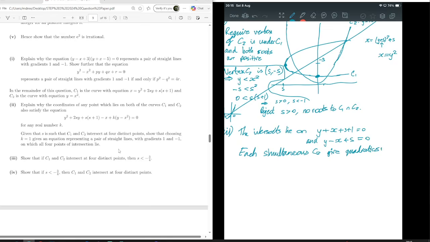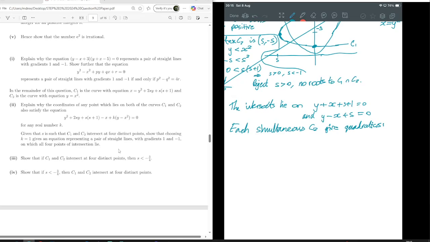And these quadratics are going to have two solutions each, because if we don't have two solutions each, we can't have 4 solutions in total, so we need 2 solutions from each of these 2 quadratics. So the 2 quadratics are going to be, and I've chosen C2 because it's so much nicer.